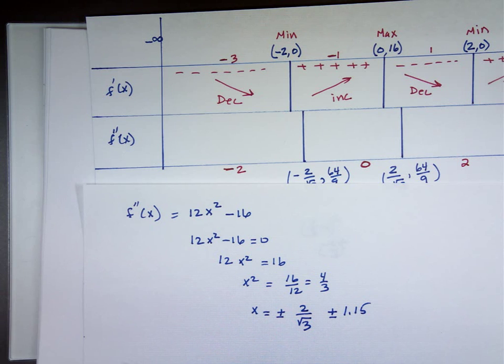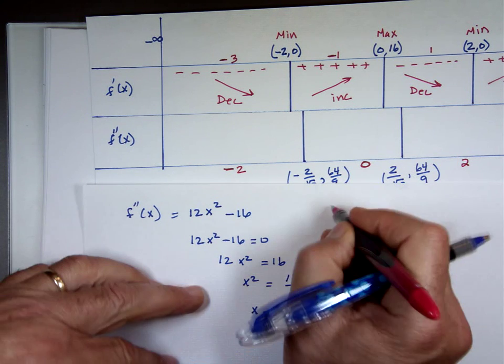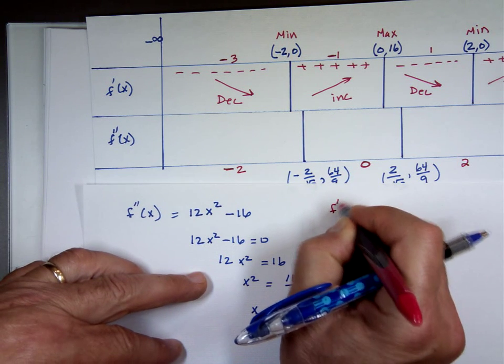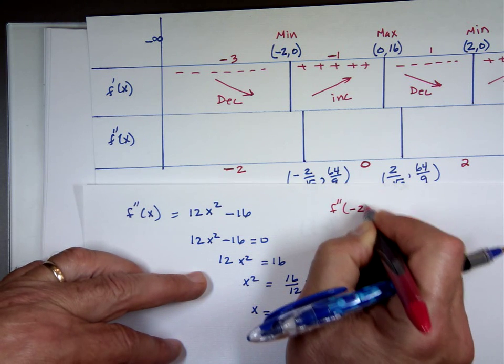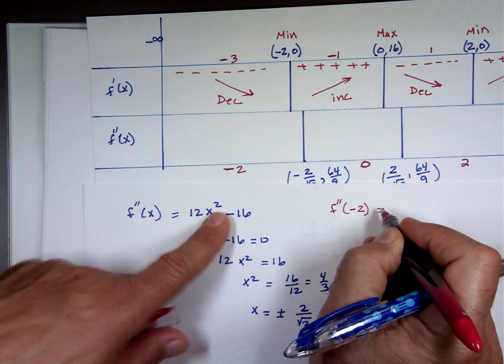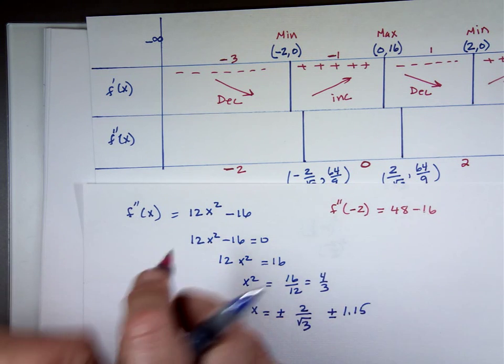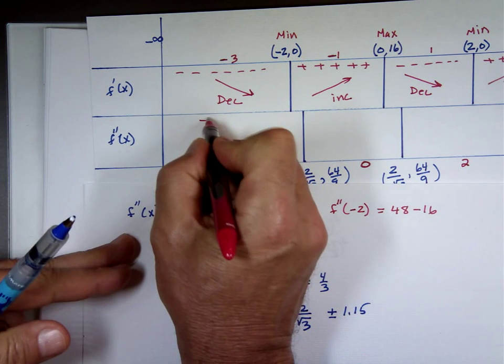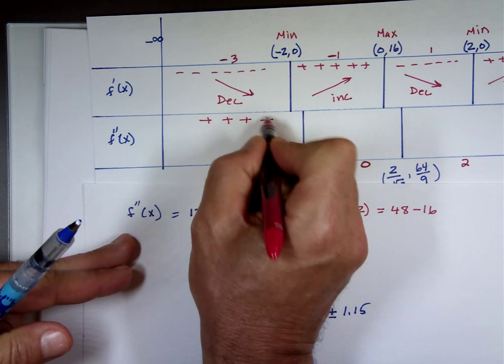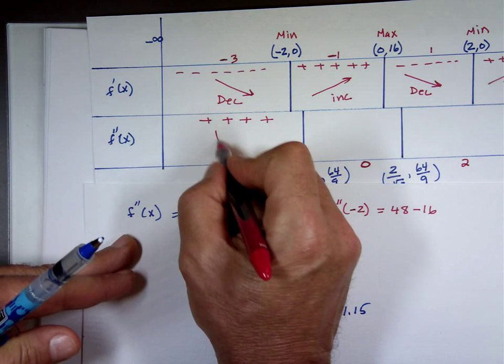So what is the second derivative at negative 2? Again, all I care about is positive or negative. 4 times 12 is 48, minus 16, positive or negative? Positive. That's concave upward.